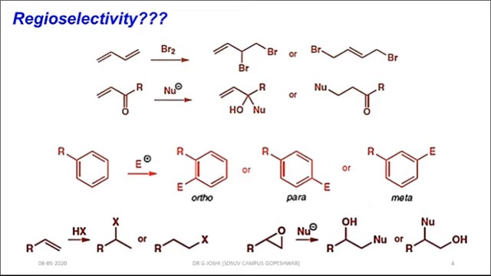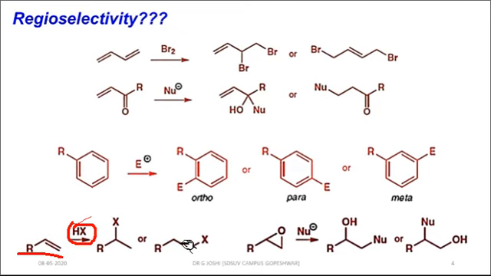During the addition of hydrohalic acid on an unsymmetrical alkene like this, there are two possibilities of formation of product based on the orientation of this hydrohalic acid. It may be HCl, it may be HBr. Hydrogen can approach carbon number 1, and at that time halogen will approach carbon number 2.